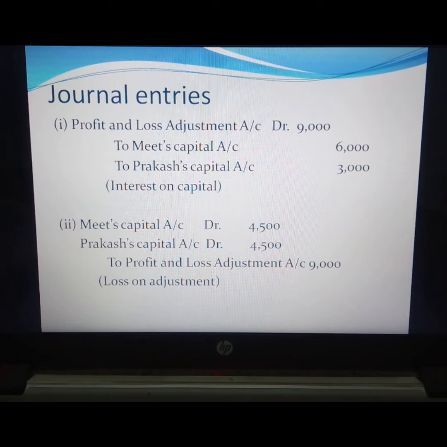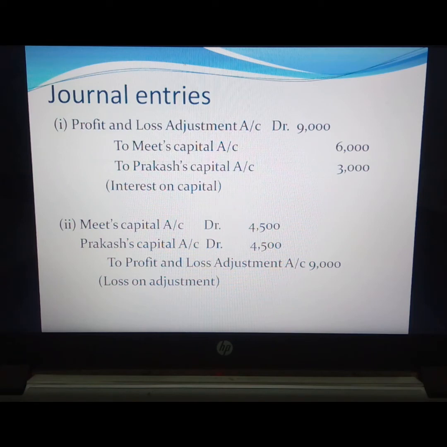Just understand this again. Interest on capital was to be credited to the partners' capital accounts, which we have credited through the journal entry: P&L adjustment account debit, to Meet's capital account rupees 6,000, to Prakash's capital account rupees 3,000. After crediting this amount of rupees 9,000, the profits are reduced by rupees 9,000.